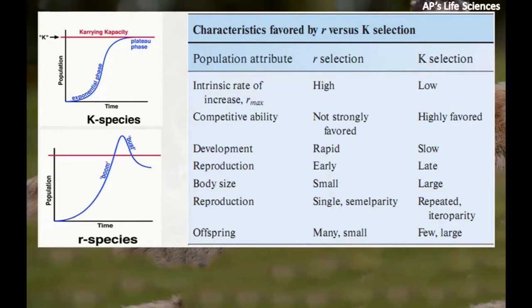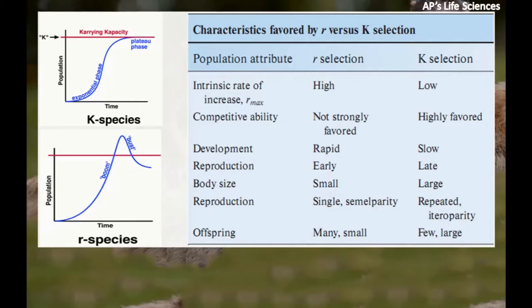Reproduction starts at an early age in the R-selected species, whereas reproduction occurs at a later stage in the K-selected species. The body size remains smaller for the R-selected species, whereas larger in the K-selected species.